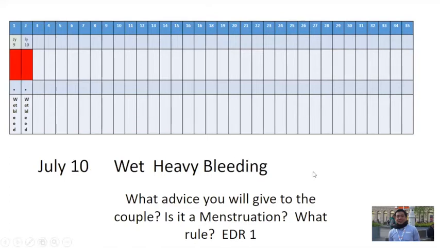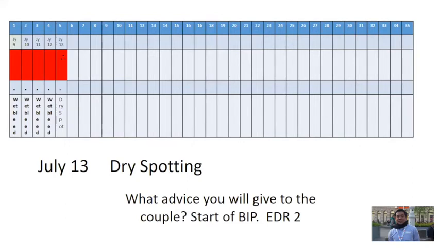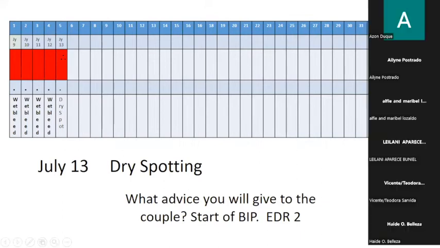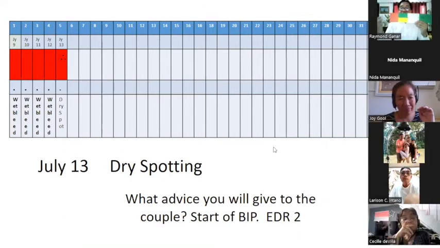July 10, menstruation, EDR1. July 11, menstruation, EDR1. July 12, menstruation, EDR1. And then July 13, spotting, dry. July 13 is the beginning of the BIP. If July 9 to July 12 is a menstruation, look at me at the camera, no? If it is menstruation, it means the first dry after menstruation, the cervix is completely what?